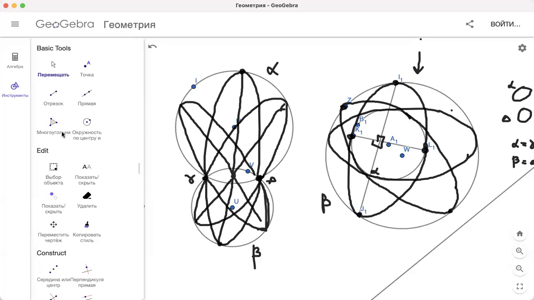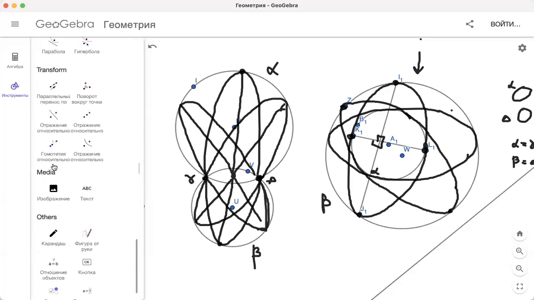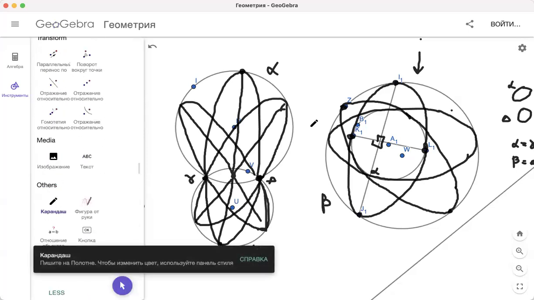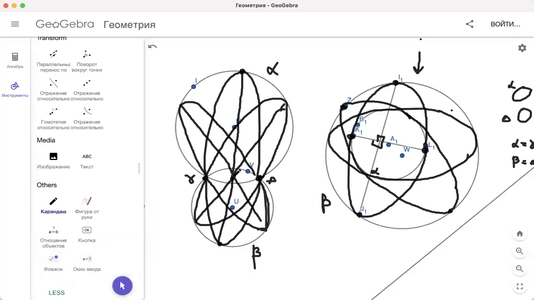But also we can prove that here, as we already said, these lines connecting tangency points are concurrent. Here the same statement is true. If I draw these lines passing through tangency points, then all these lines are concurrent at the same point.